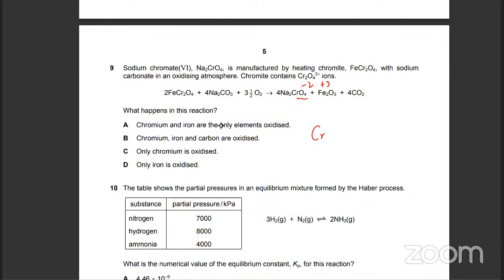Na is obviously +1. Carbon dioxide is produced. Cr over here is +6. And Fe over here must be +2, and Cr would be, what will it be here, 2O4. So it's Cr2O4 2 minus.